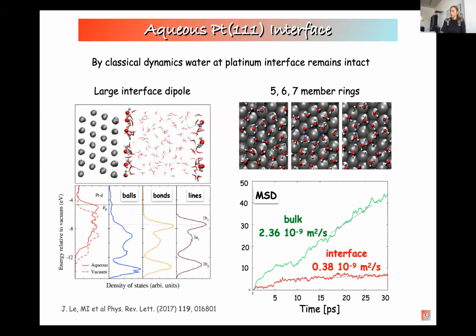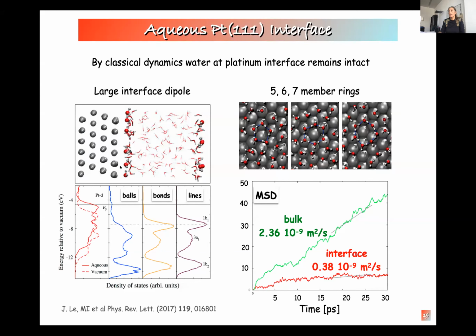In fact, simulations have been done at the water-platinum interface. As I mentioned before, in the group of Jun Cheng, there has been a lot of work done on this interface, showing that there is a clear electronic interaction between the water and the platinum with a charge transfer that induces here a dipole.